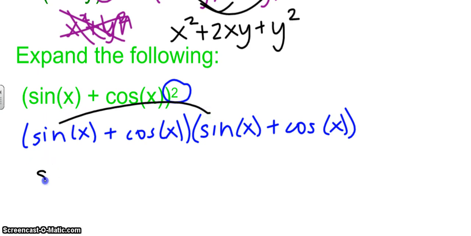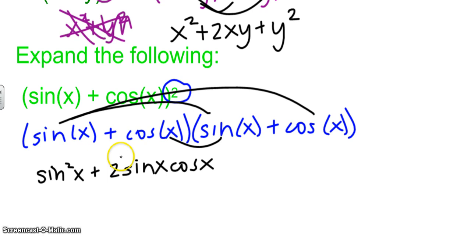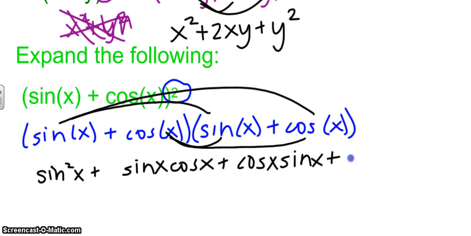So we'll get our first, outside, inside. Ooh, that should not have a 2 on it. My apologies. I'm ahead of myself. Cosine of x, sine of x, and our last, cosine squared.